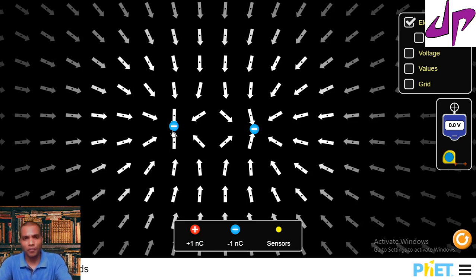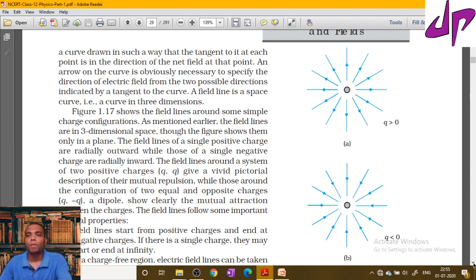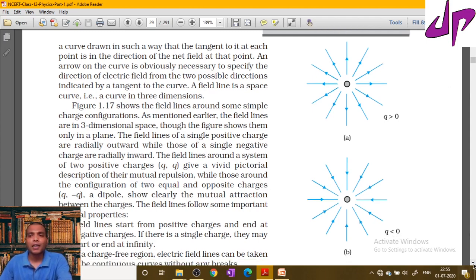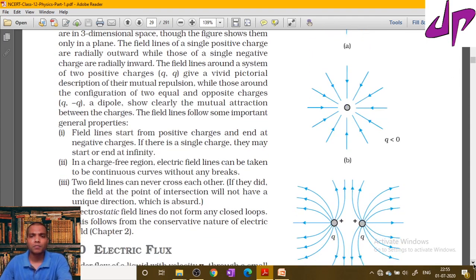So electric field lines give a visual representation of how the electric field will exert a force in the vicinity of the source charges. NCERT has 4 diagrams.